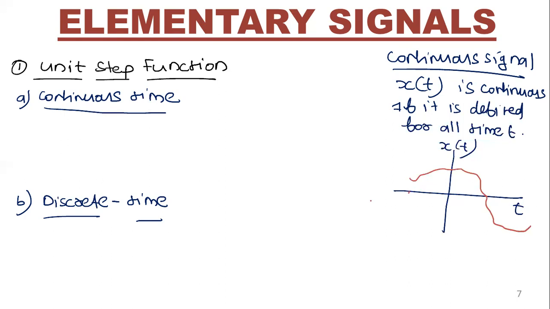This is from minus infinity to infinity, so for any point on this axis you have a value for x of t. That means x of t is continuous. Here t is the independent variable and x is the dependent variable. So that is about a continuous signal.